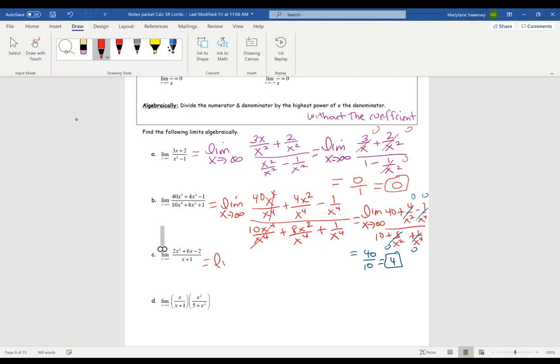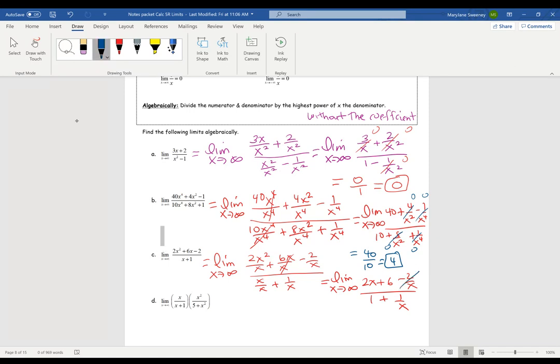So for the next one, limit as x approaches infinity, 2x squared over x plus 6x over x minus 2 over x, over x plus 1 over x. So the highest power in the denominator is x. So this is limit as x approaches infinity. Well, we got 2x plus 6 minus 2 over x, over 1 plus 1 over x.